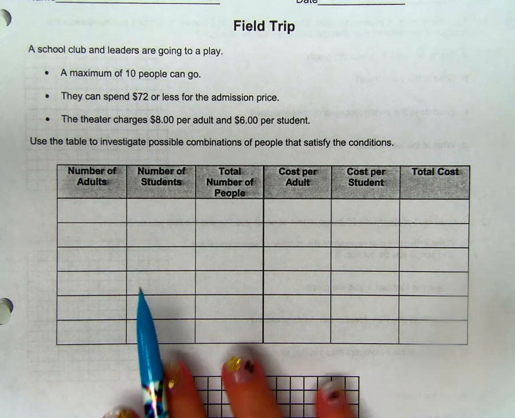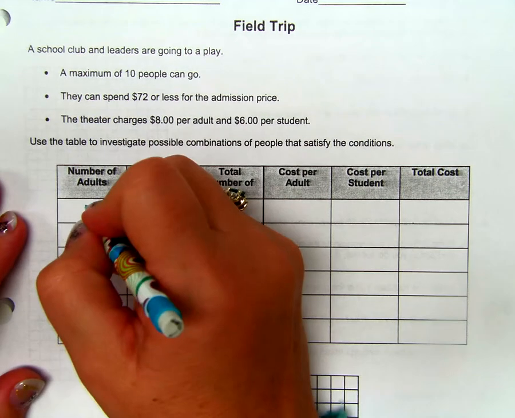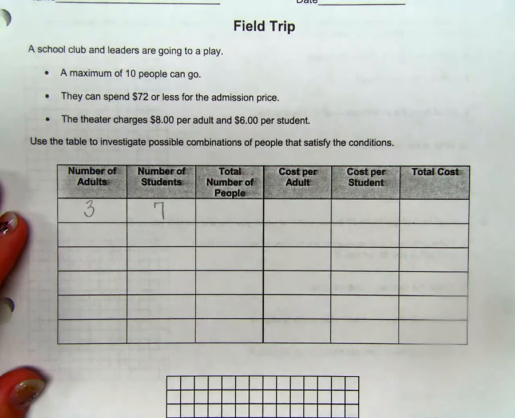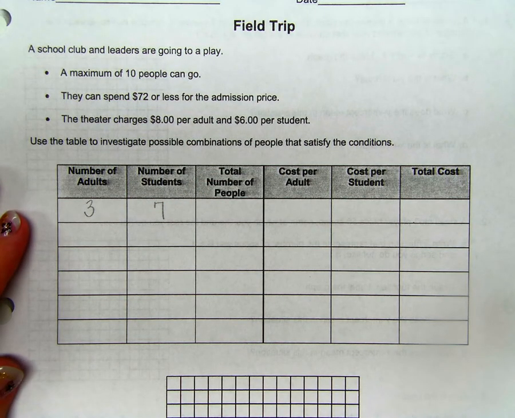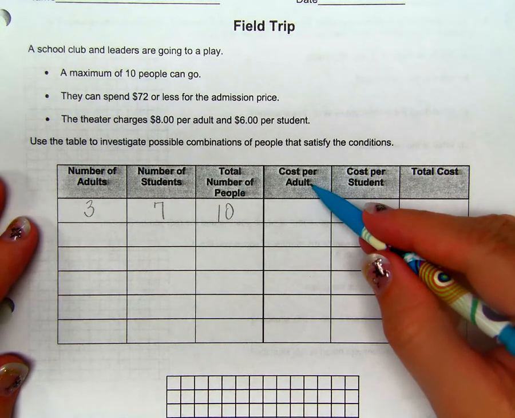So we're going to use the table to investigate possible combinations of people that satisfy the conditions. Let's say we're going to take 3 adults and 7 students. Does that fit the first condition? Okay. So how many total people are going? 10. How much are we paying for the adults?